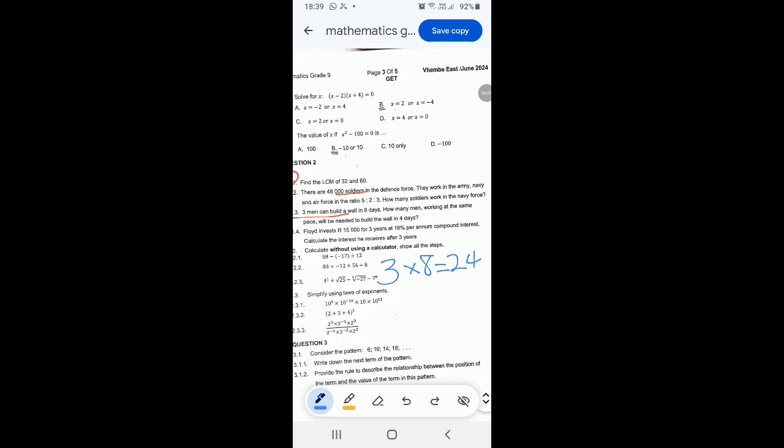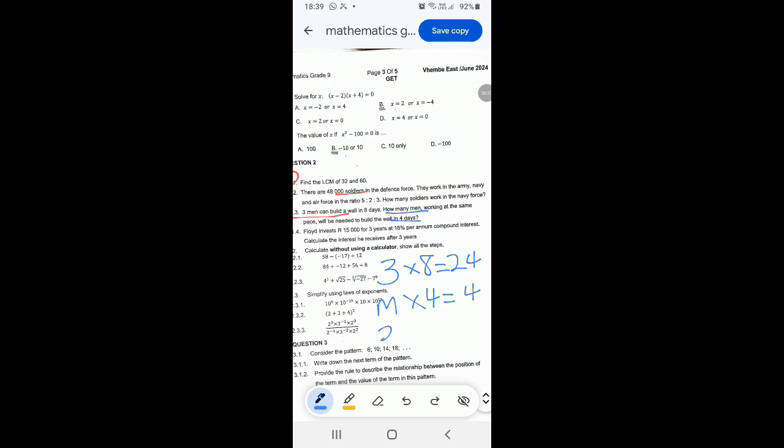And then they ask how many men. These are the men, we don't know them. We can use M, it's fine, or X. How many men working at the same pace will be needed to build a wall in 4 days? It's 4 days. We have 4 there. So what do we do here?